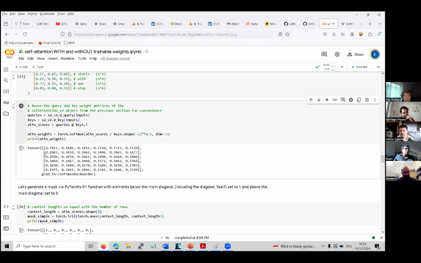When the model uses the token journey as a query, it must pay attention 20% to the word your, 16% to the word journey, 16% to the word starts, 14% to the word with, 16% to the word first, and 14% to the word step. This is how we should read this line.